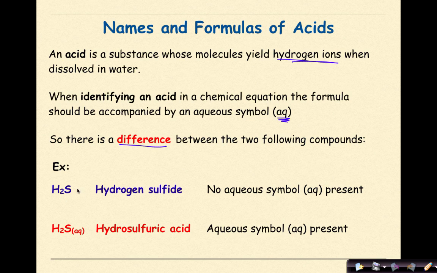H2S without the aq is just hydrogen sulfide because there's no aqueous symbol present. But if I put that little aq subscripted right here, now I have hydrosulfuric acid because that aqueous symbol is present. So you really need to look at whether your compound has the aq or not. And I really should have a subscripted something right here, but I'm just going for the difference of with or without the aq for right now.